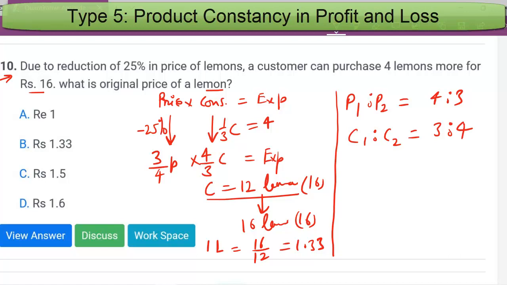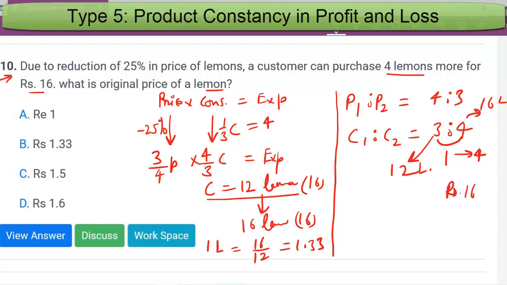Now it is given this difference 1 is equal to 4 lemons. Look at this. So that means earlier he was having 4 3s, 12 lemons, and now he is having 16 lemons. So here also you will get the same thing, and expenditure was the same, that is rupees 16.